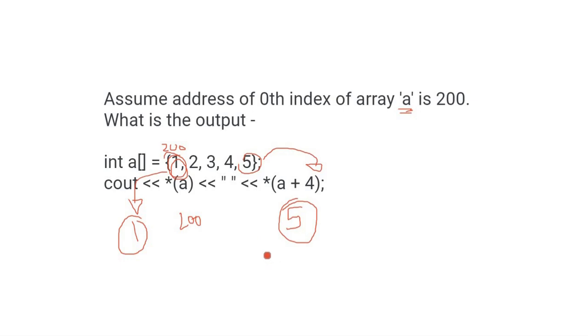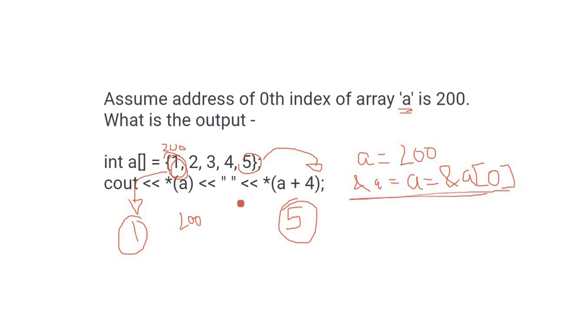I hope this is clear to you. Let me explain this question once again. See, a behaves more or less like a pointer. Initially the value of a will be 200, since we know that the address of a, the value of a, as well as the address of the 0th indexed element of the array are all the same thing in the case of integer arrays.